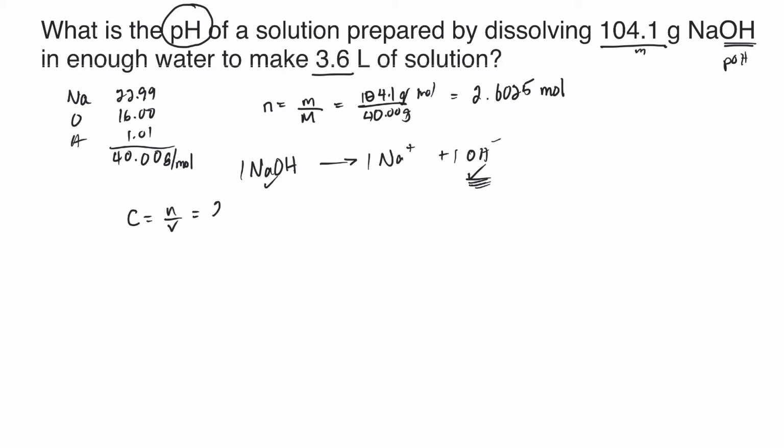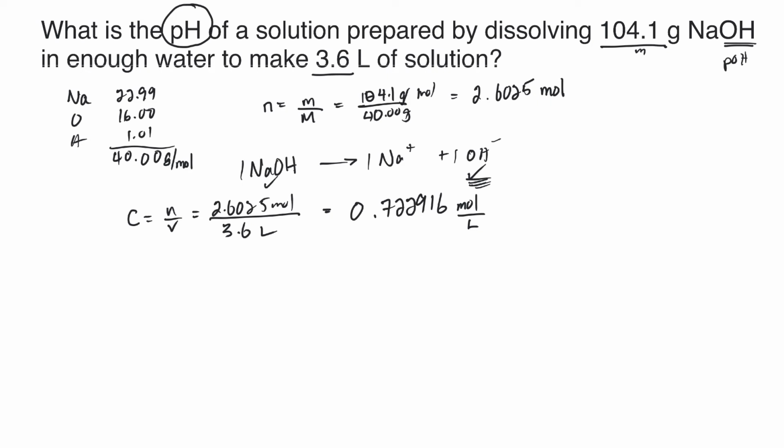So the moles are 2.6025 moles, and we're dumping this in 3.6 liters of solution. So that number divided by 3.6 gives me 0.7229916, etc. And I'm just keeping that number in my calculator. Moles per liter.